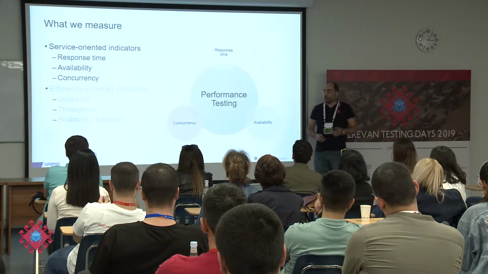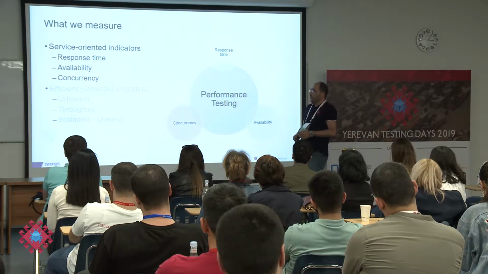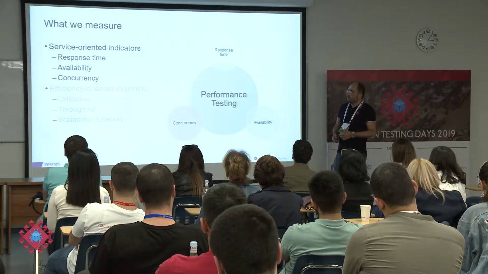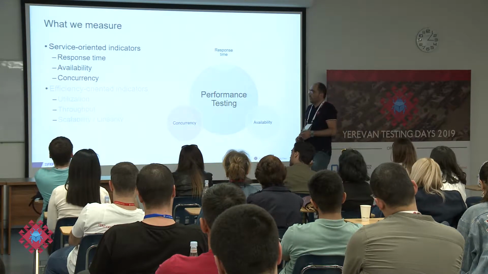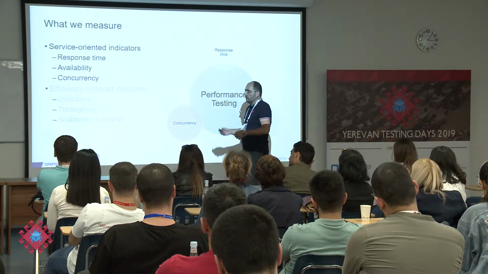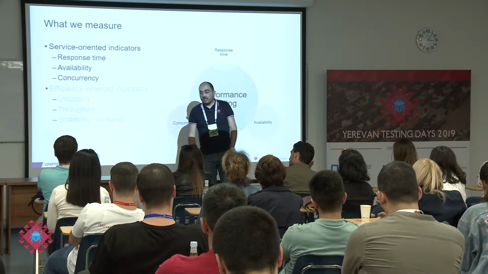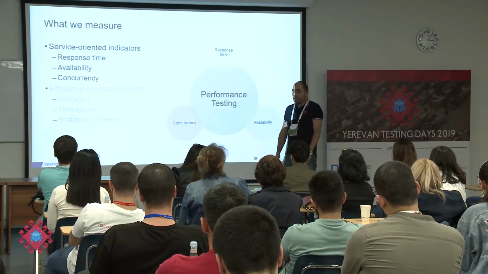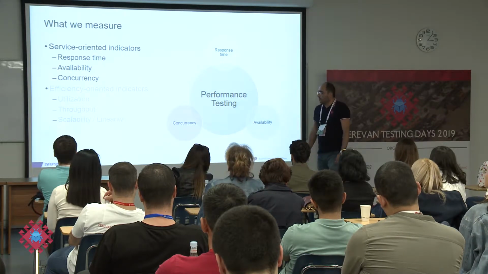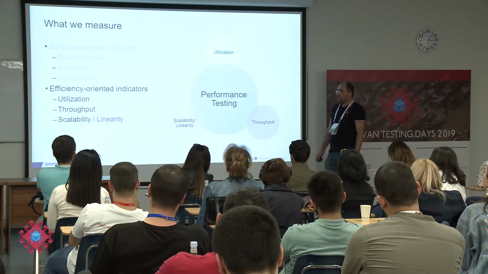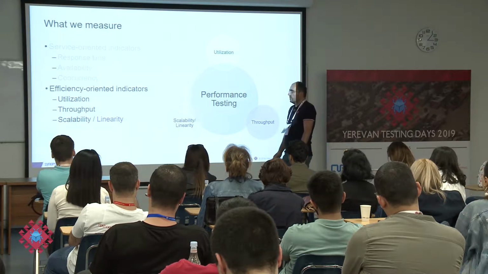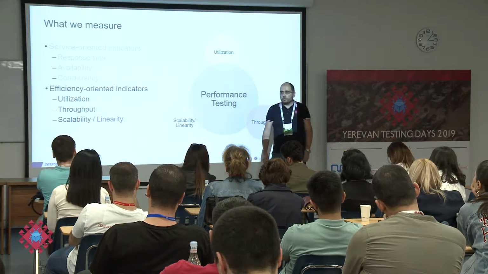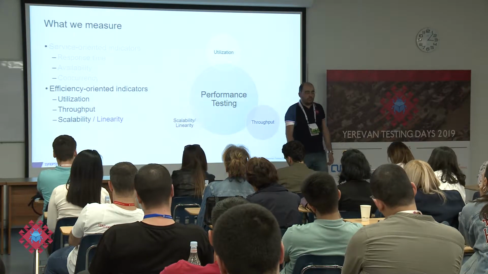And what we measure basically are 6 main indicators: service-oriented indicators like response time, availability, concurrency, and also efficiency-oriented indicators like utilization, throughput, scalability.